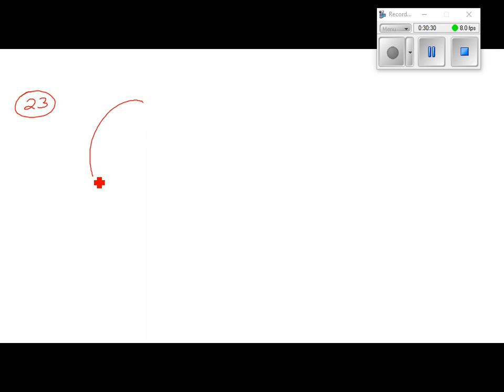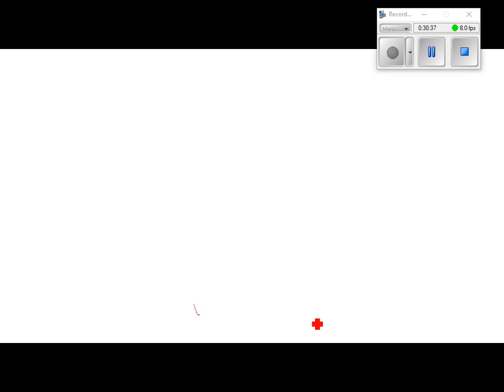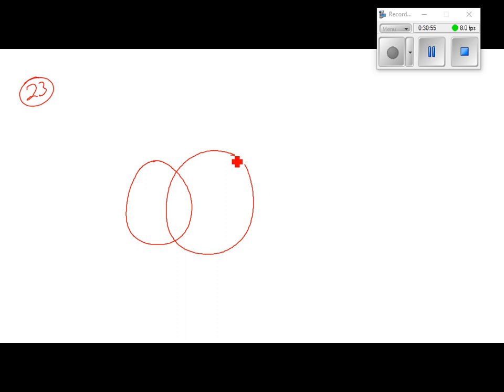I can draw. That is not a good circle. I think I could draw a better circle than that.